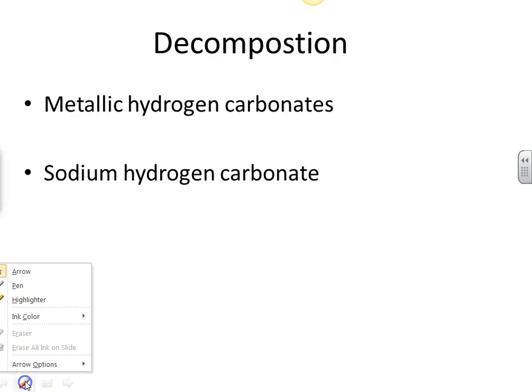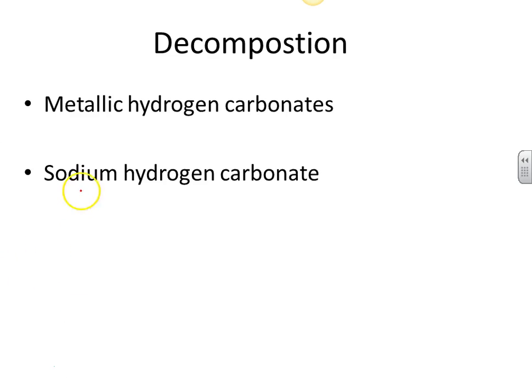So the next reaction type is the decomposition of a metallic hydrogen carbonate. This would be a metallic hydrogen carbonate. These would decompose on heating to produce a metallic carbonate plus water plus CO2. So for instance, sodium hydrogen carbonate, NaHCO3. It's just baking soda.